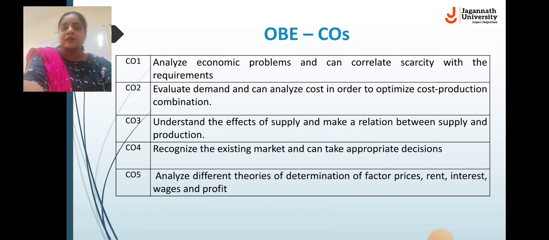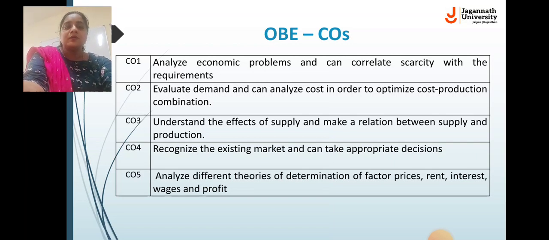So what are the course outcomes? First, the student would be able to analyze economic problems and can correlate scarcity with the requirement. So basic economics starts with the problem of scarcity of resources.